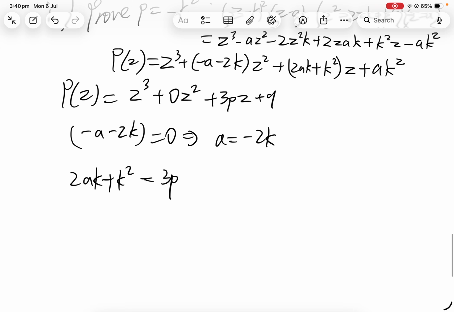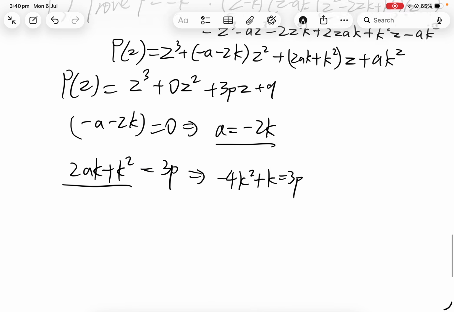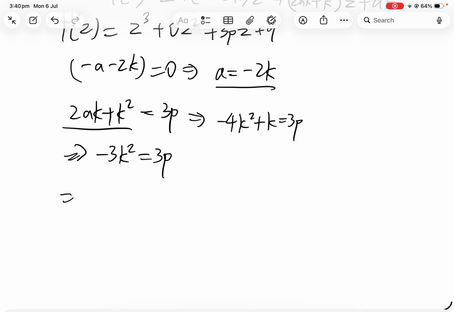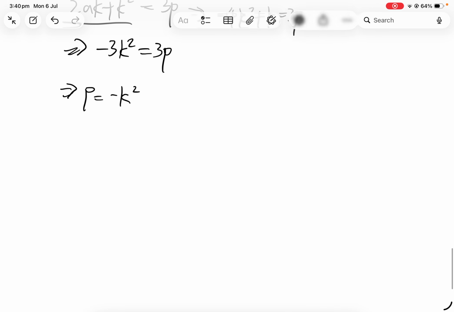We can sub the a into this one, and that becomes −4k² + k² equals 3p. Then it becomes −3k² equals 3p, and then p equals negative k squared. That's done for part A1.